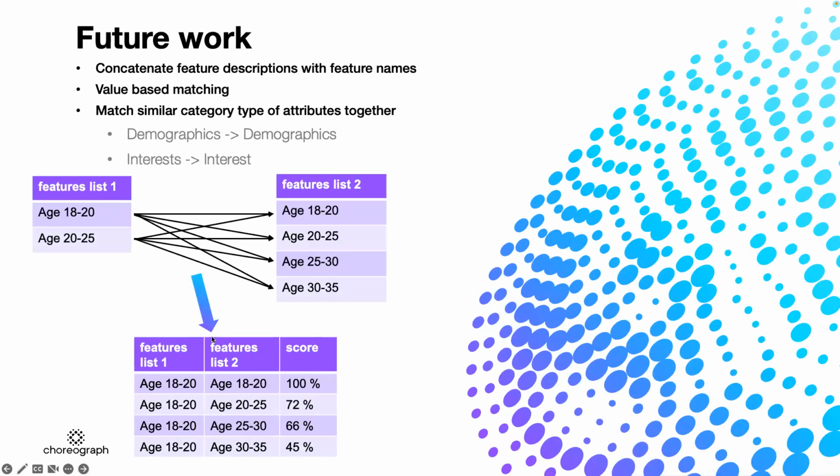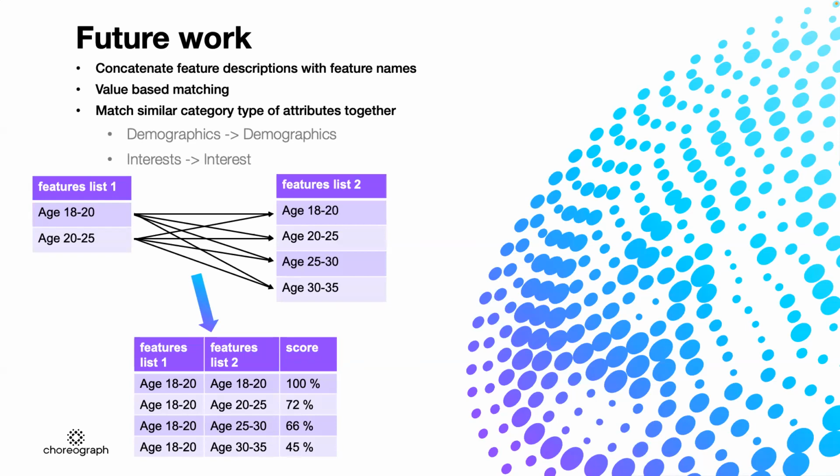So this is what we have done, and for the future work, these are a few things that we have been discussing in our company. The first one is to concatenate the feature description with the feature name. In many cases when we get the datasets, we also get a list of features in another file, and this file also contains an explanation of each single feature.